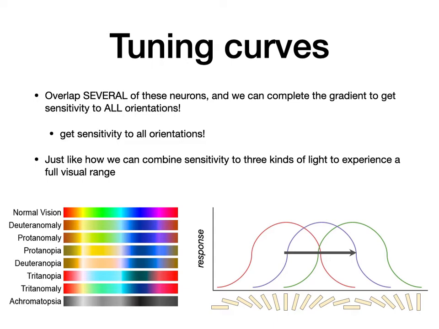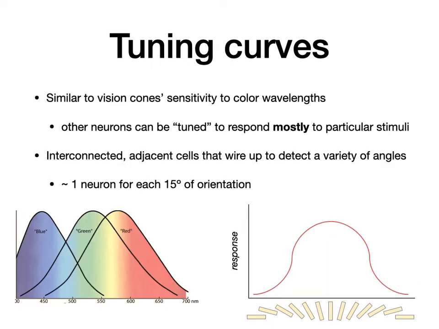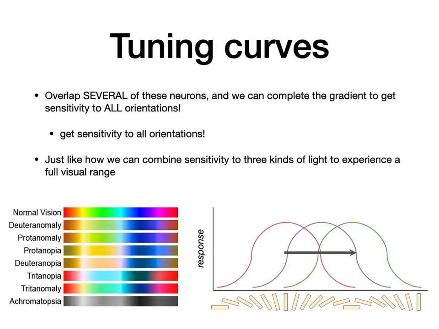You may only have neurons tuned to, as on the last slide, about one neuron for each 15 degrees of orientation. But we are not only sensitive to those degrees. Just like how we can combine the sensitivity of the three different kinds of cones to experience the full visual range, we can combine the sensitivity of different orientation detector neurons to get the full experience of orientation.